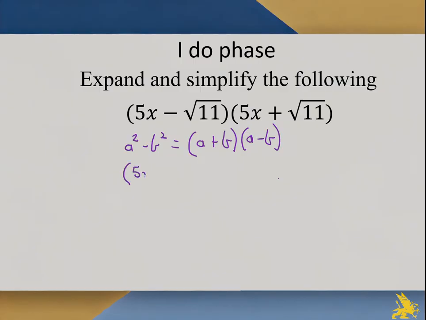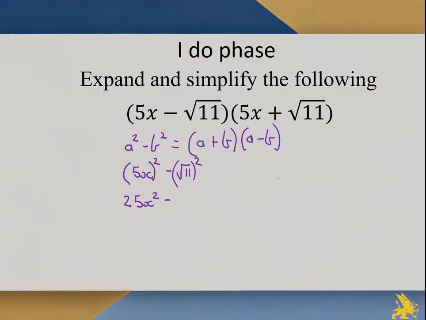We've got 5x in brackets squared take away square root 11 in brackets squared. I can then simplify that further. I will apply the power of 2 with the 5 and with the x. So 5 squared is 25. So it'll be 25x squared.